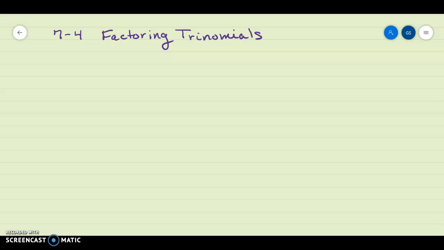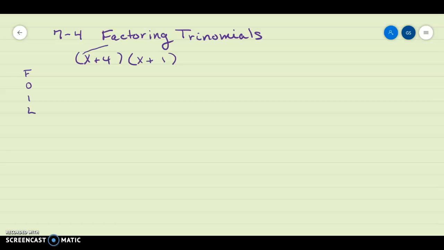Okay, so we're going to start with something that we know, and that is multiplying binomials. We've done that. You did it earlier this week, hopefully. In order to multiply these, we're going to use FOIL or box.